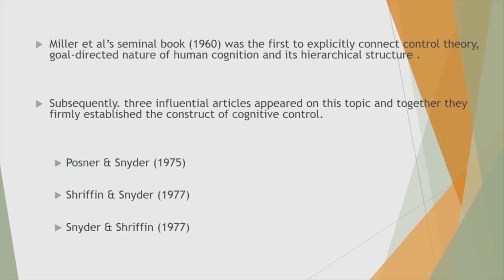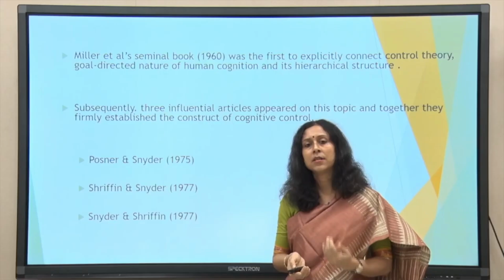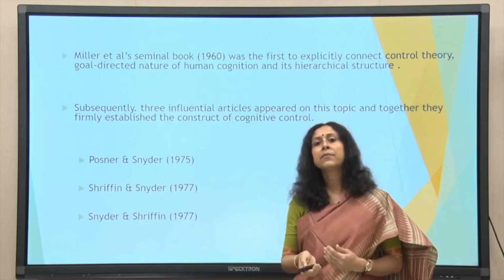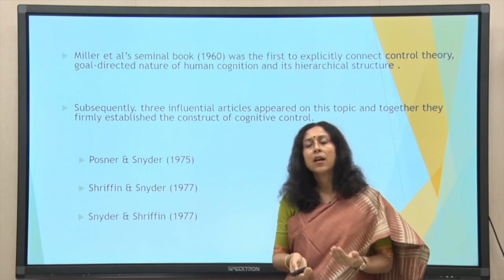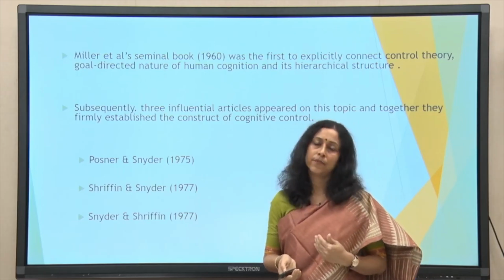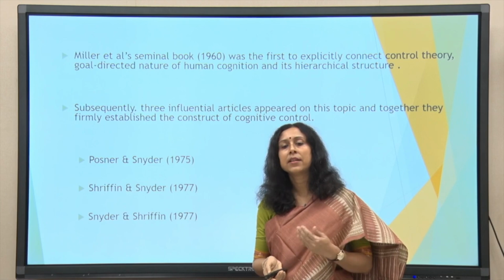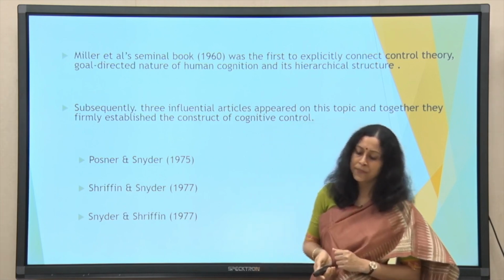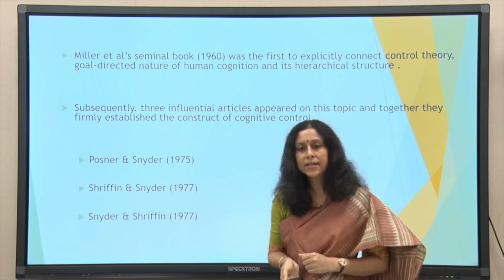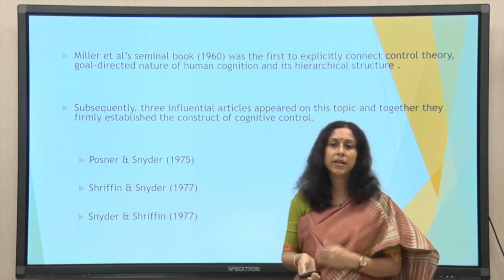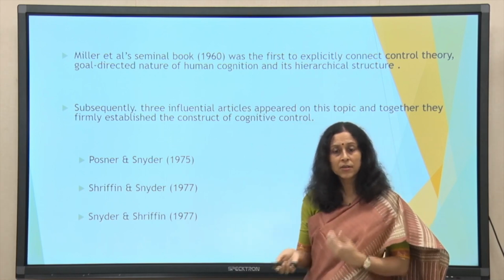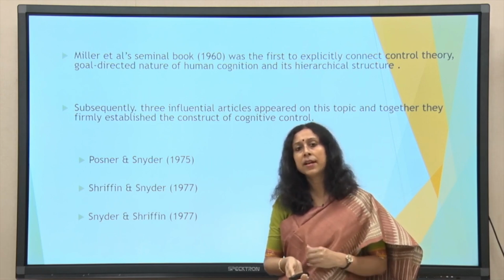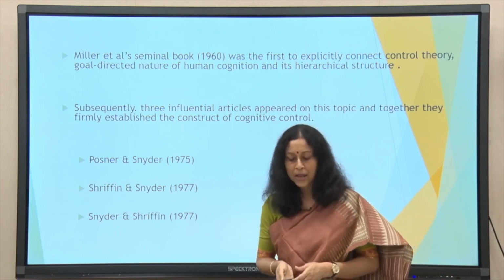Cybernetics was at its peak, and academia was rather interested in control systems, and the research was going on in full swing. At that time, Miller's book connected control theory, goal directed human behavior and human cognition, the hierarchical structure of the cognitive mechanisms and so on.